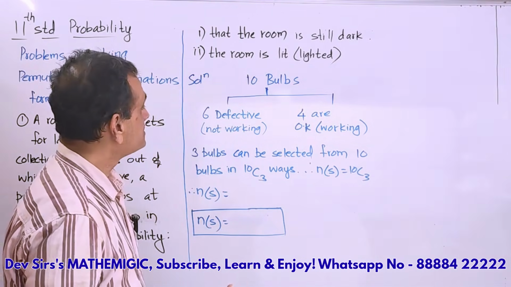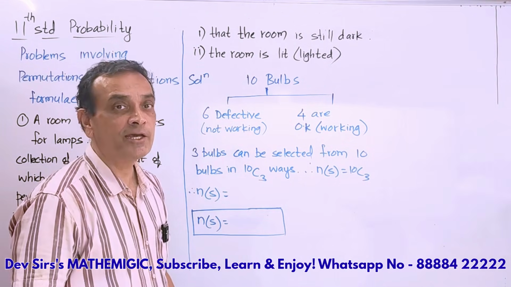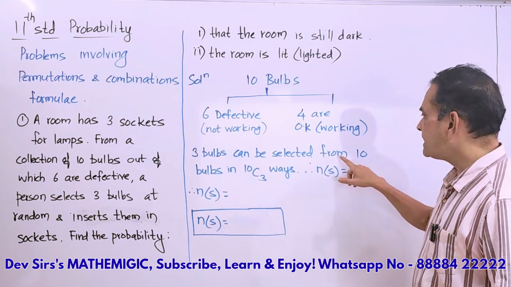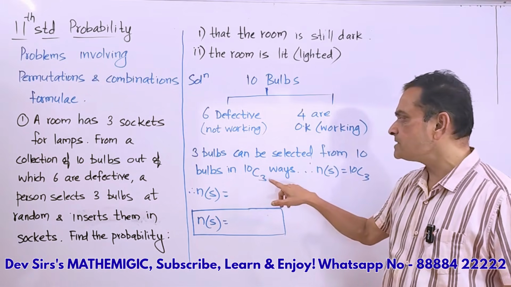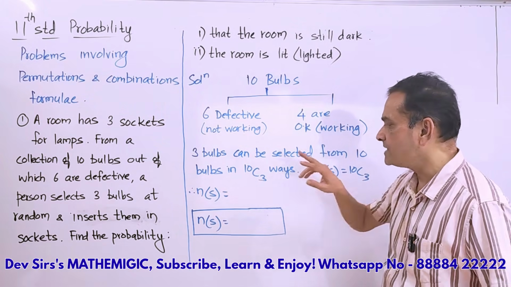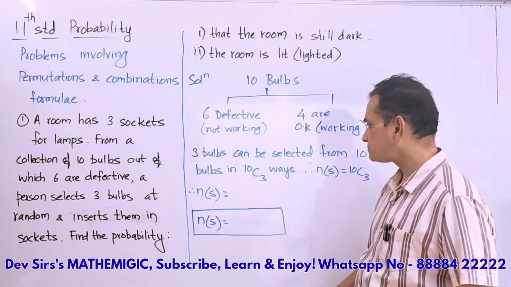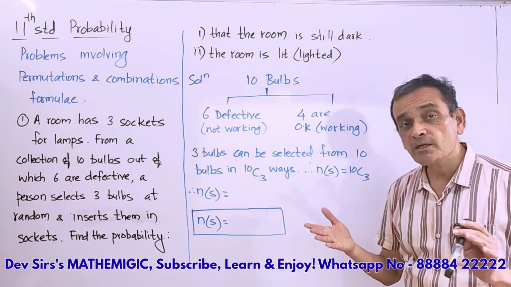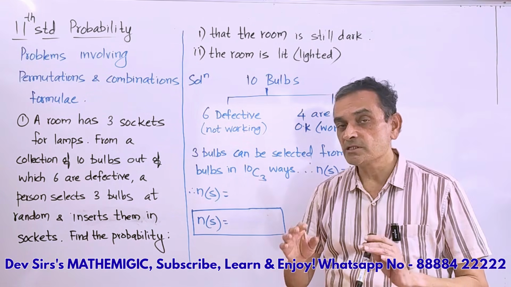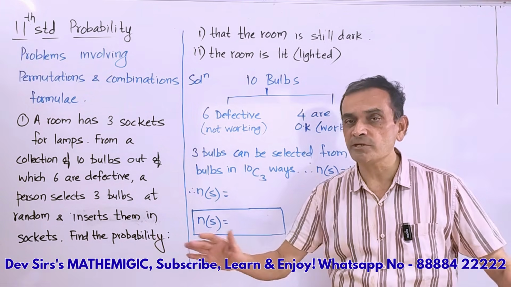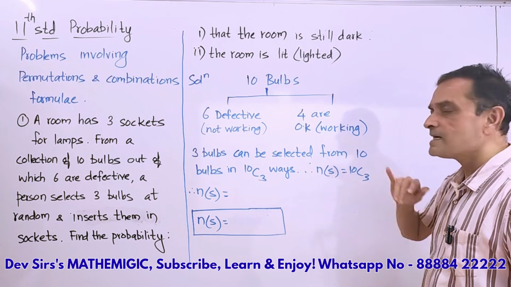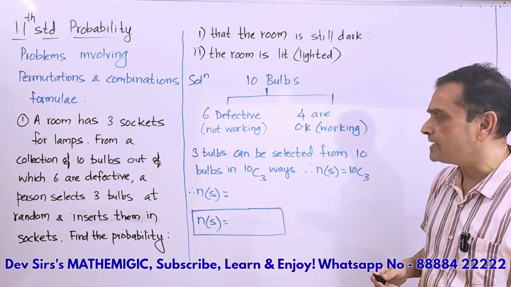We have seen in combinations that 3 bulbs can be selected from 10 bulbs in 10C3 ways. Arrangement of persons is 10P3, but selecting objects from given objects means 10C3 ways. So number of elements in the sample space, nS, is 10C3.